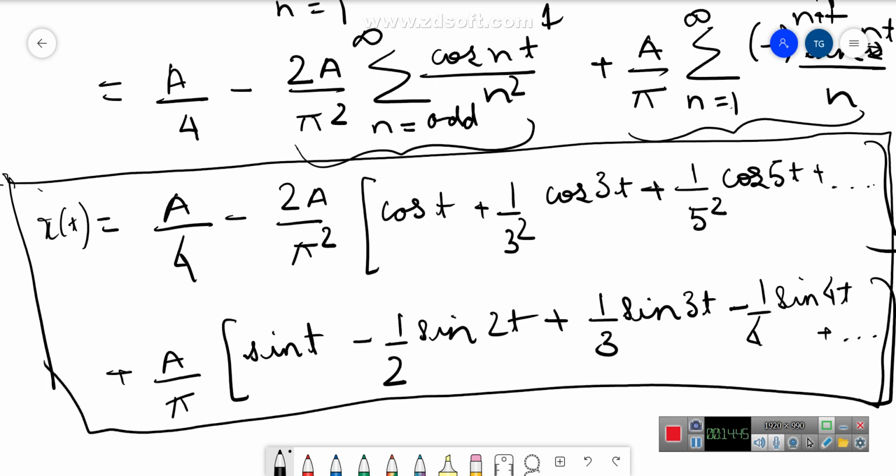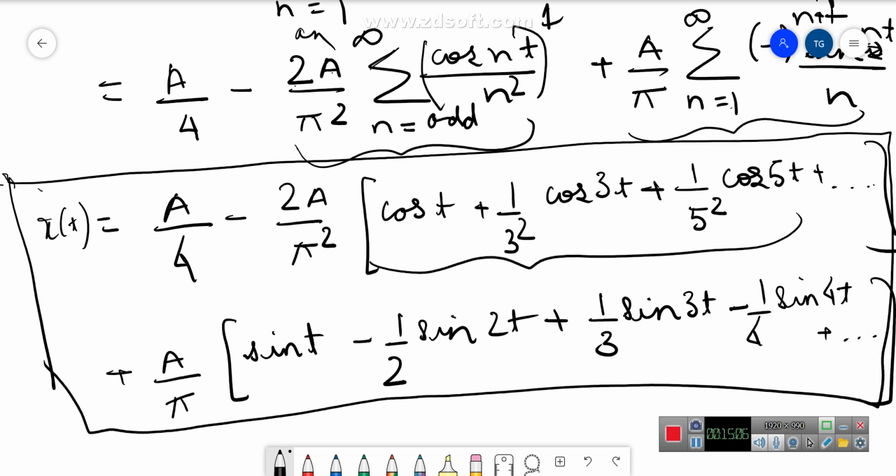I think this is clear now. So here it was twice the an value, 2A by pi squared n squared, and we are using the summation for n equals odd, so n is brought inside the summation, and then we are substituting the values of n and we have expanded the series.